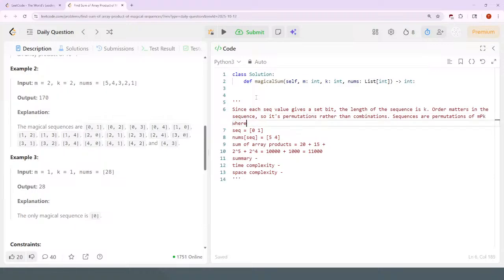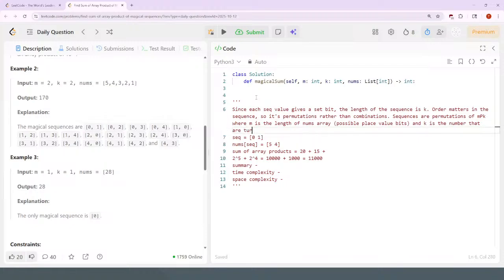M P K, where M is the length of the nums array. Is this possible? Place value bits, and K is the number that are turned on.